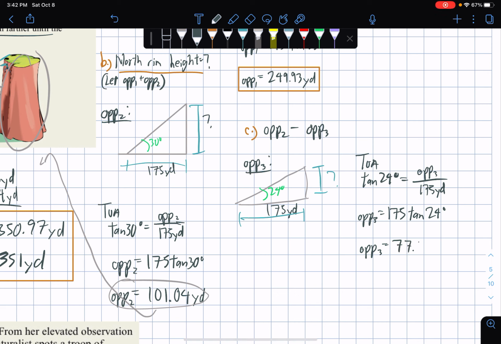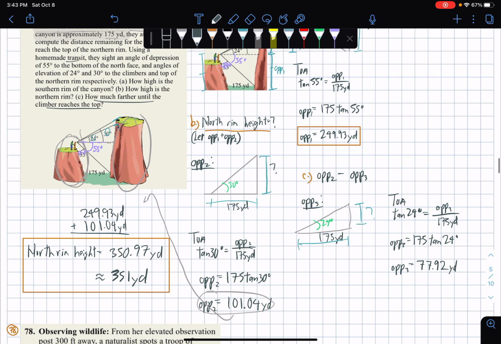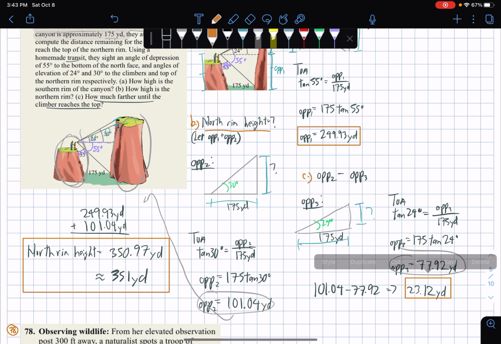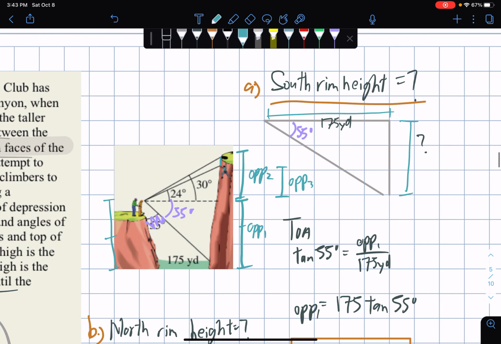We get 77.92 yards. So opposite 2 minus opposite 3 is equivalent to 23.12 yards. This is what we're looking for in letter C. This measurement over here is 23.12 yards.